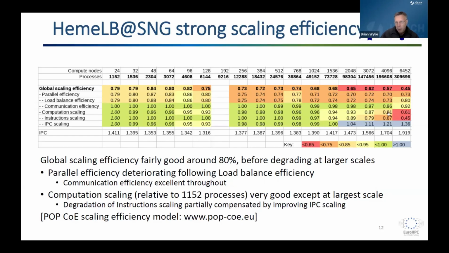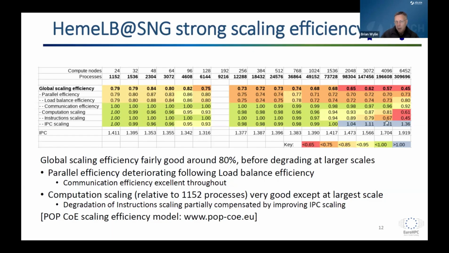But what changed at the very largest scales was the computation scaling. So that's where we started getting these red figures coming in here, where the computational scaling had diminished substantially. As Marta said, there's a trade-off here between different metrics. There was one which was improving, one which was diminishing.